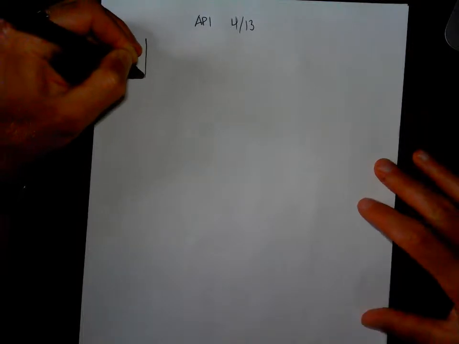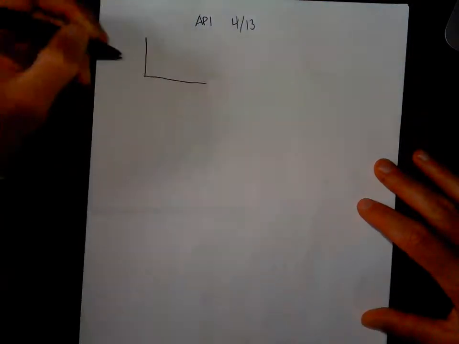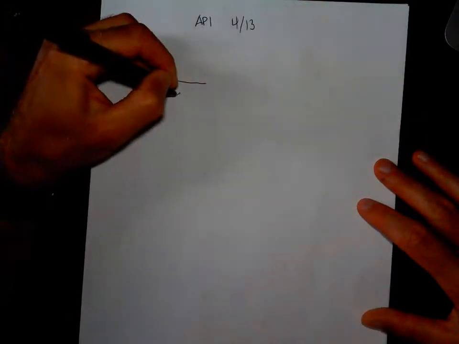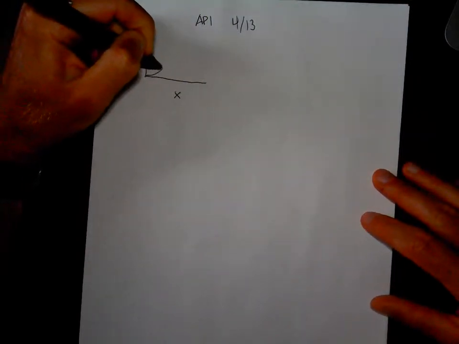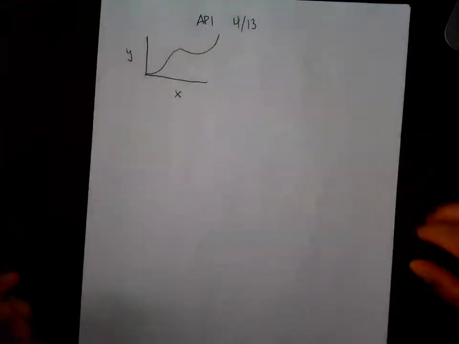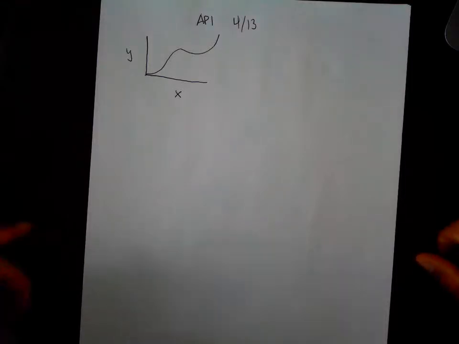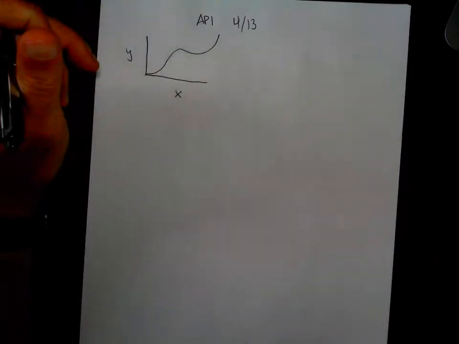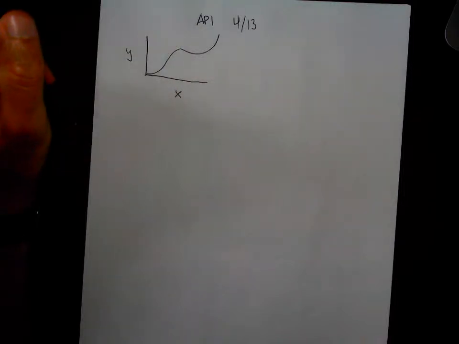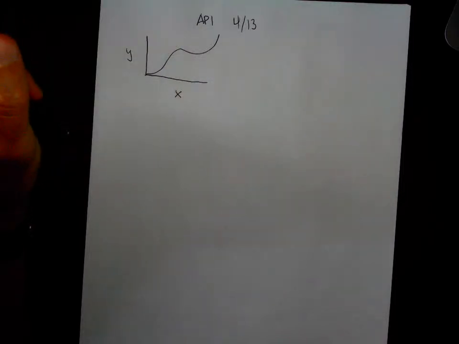Let's suppose I had a graph of y versus x. And maybe the graph looks like this. Wouldn't it be nice? Now, our brains are not very good at deciphering wiggly lines, or curved lines.